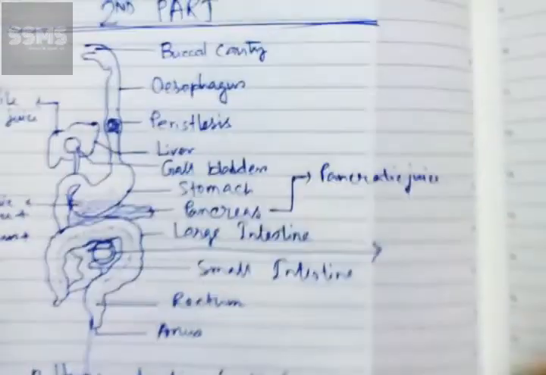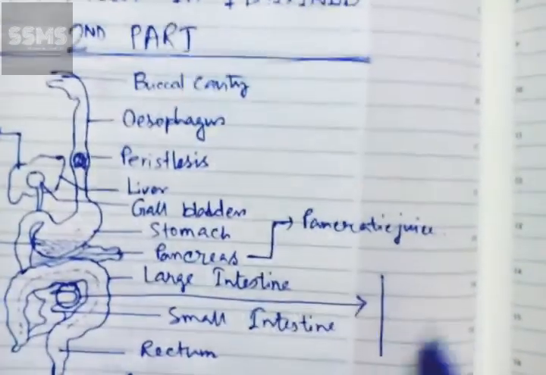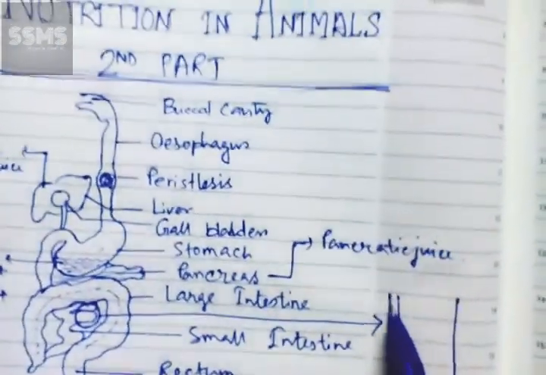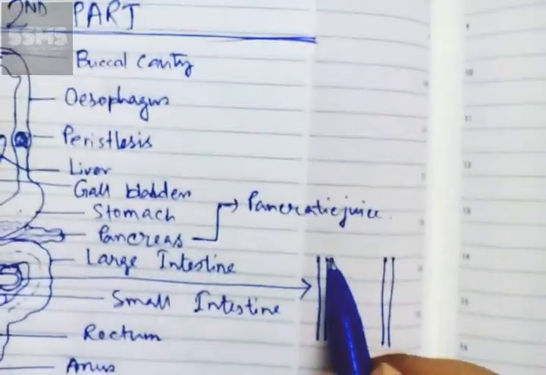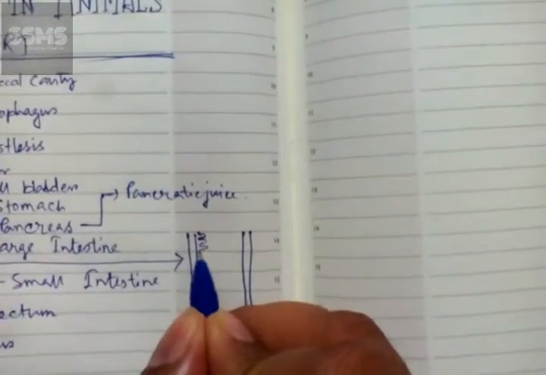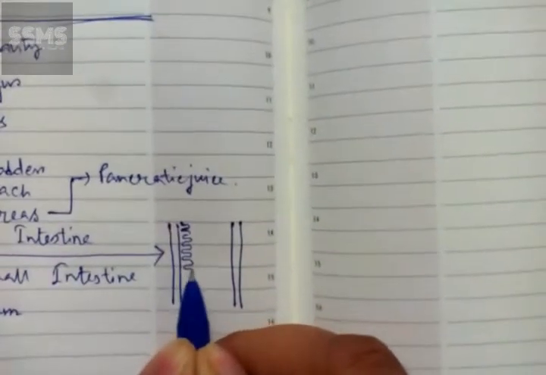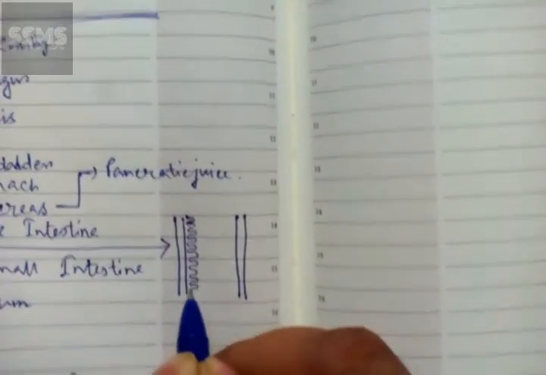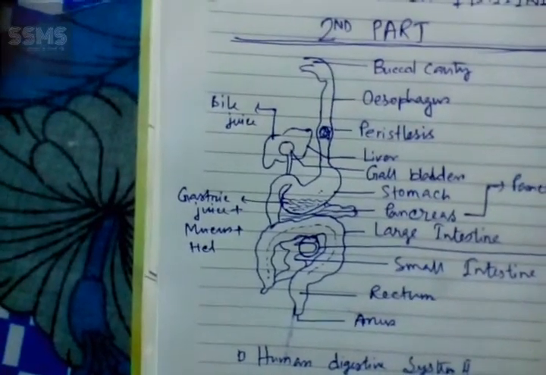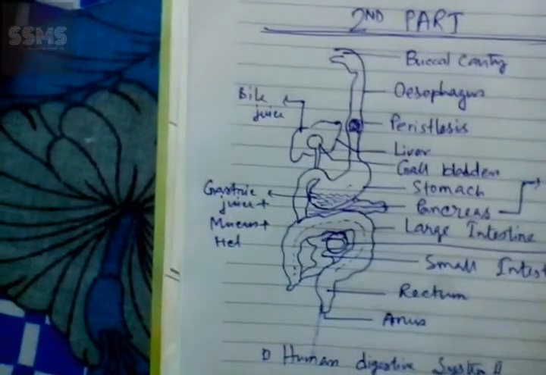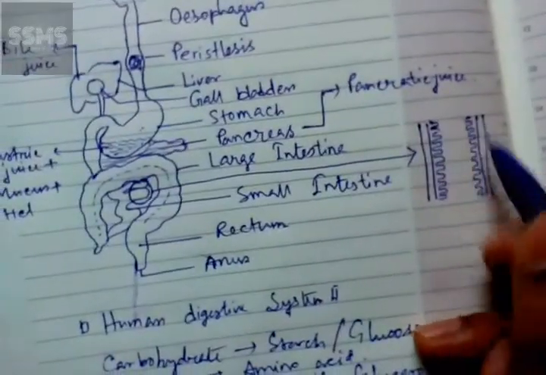If we cut the small intestine, suppose it's the opening part of the small intestine, and at the lower or inner part we will observe small bead shaped, or you can also say finger like projections. These finger like projections are present on both sides, I have drawn the two sides to show you properly, but entirely in a circular way they are present everywhere inside the small intestine.